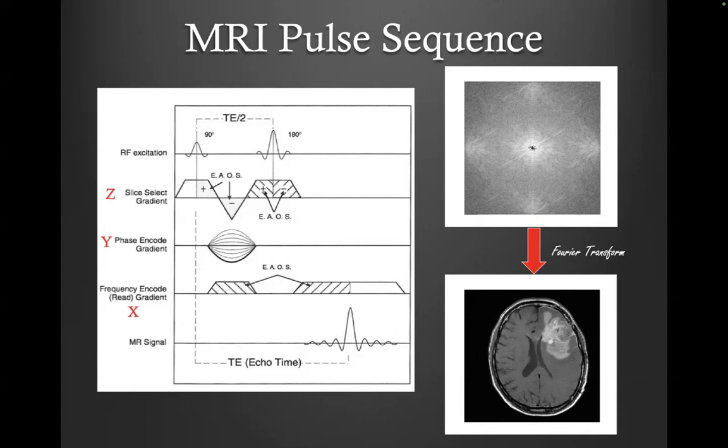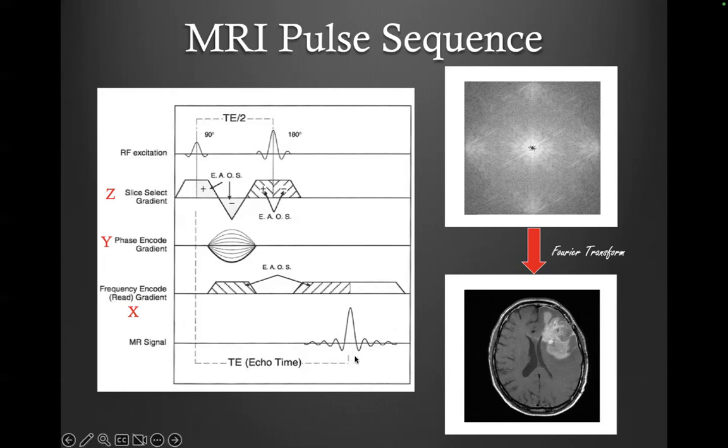These are very highly timed events: you play out your radio frequency excitation, and then you play out your X, Y, and Z gradients and see all these crazy gradient waveforms. But the purpose is to encode your MRI signal.